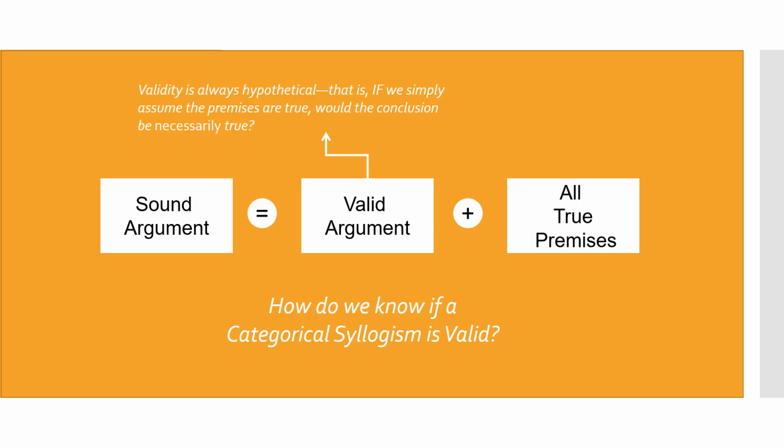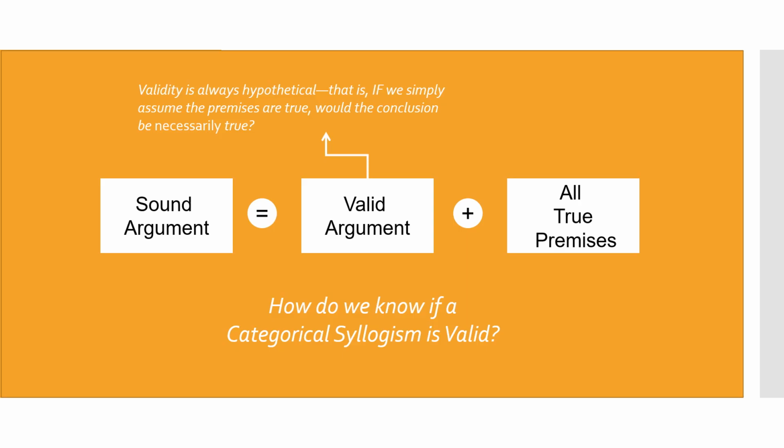A valid argument is not concerned with whether or not anything you have said is true. It just wants to know, do those premises logically necessitate that conclusion, completely independent of whether or not anything you've said is true?